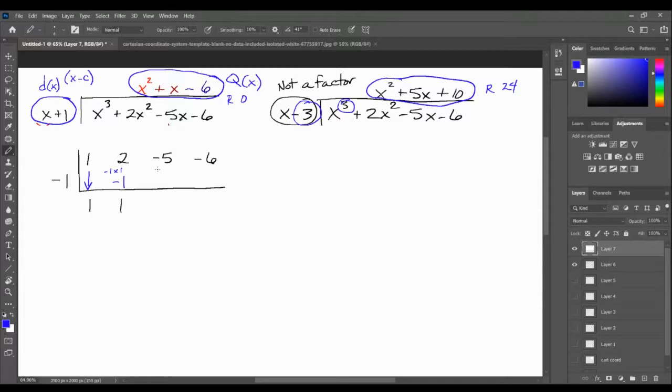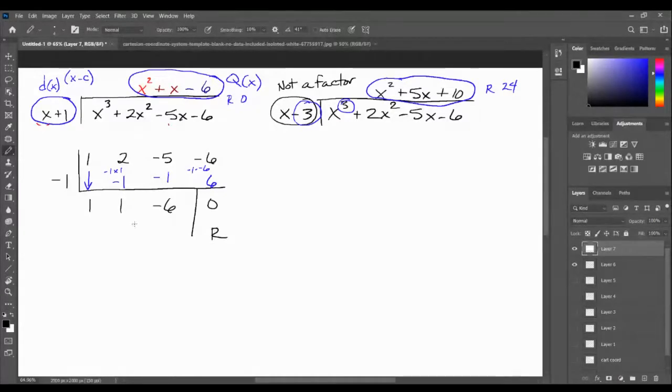Negative 1 times 1 is negative 1. And we add these. Negative 5 plus negative 1 is a negative 6. And now negative 1 times negative 6 is a positive 6. I add these together and I get 0.